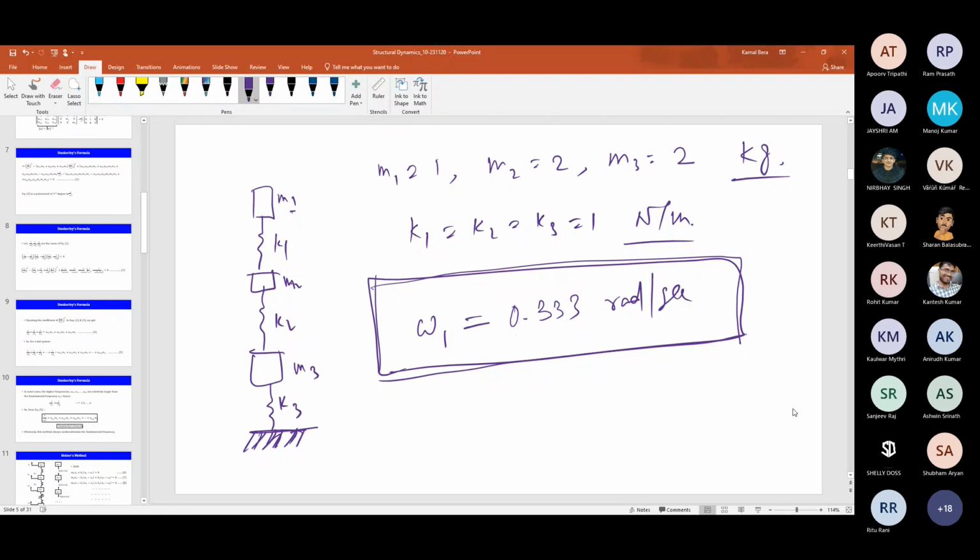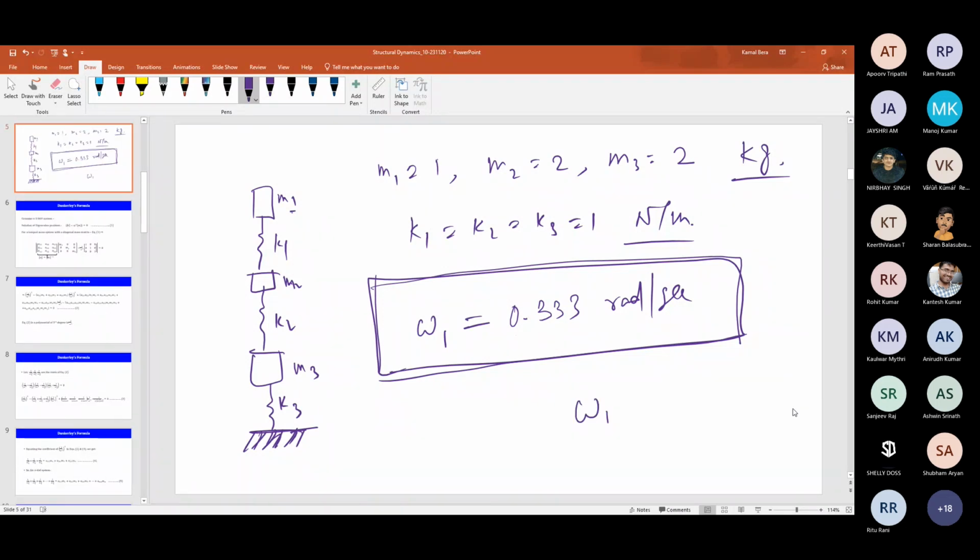So obviously, the omega 1 from the Dunkerley method, say with superscript D, will be less than the actual omega 1, right? You can check that. You have already obtained the mass and stiffness matrix.